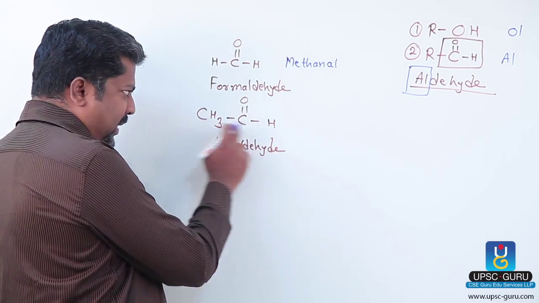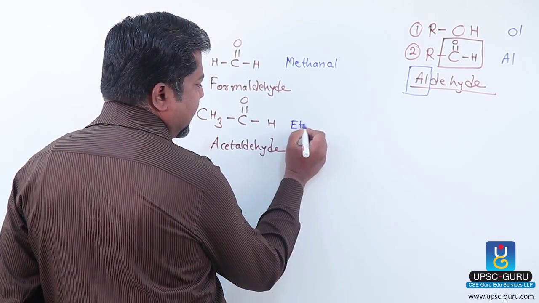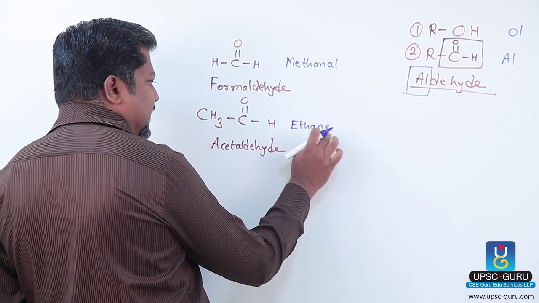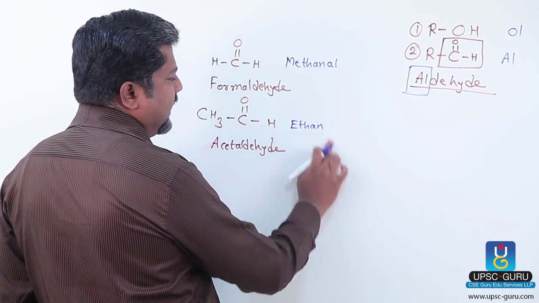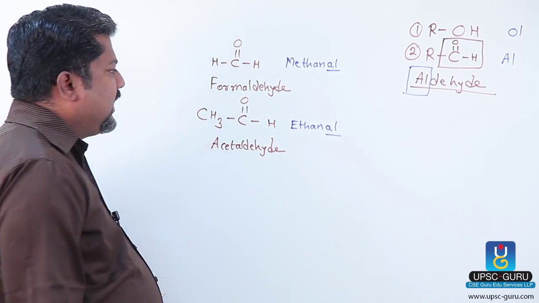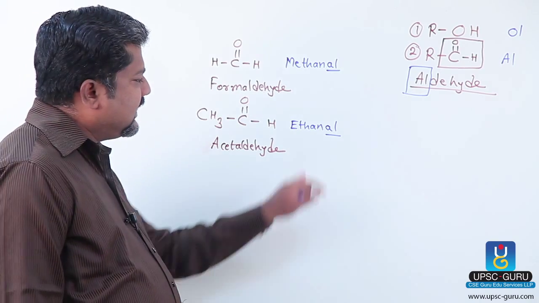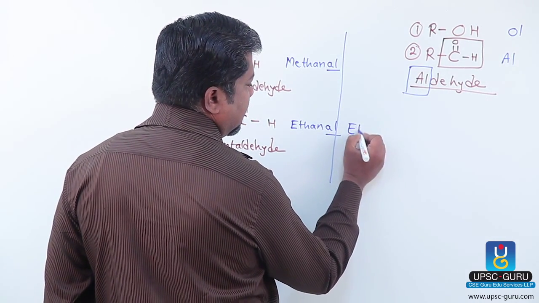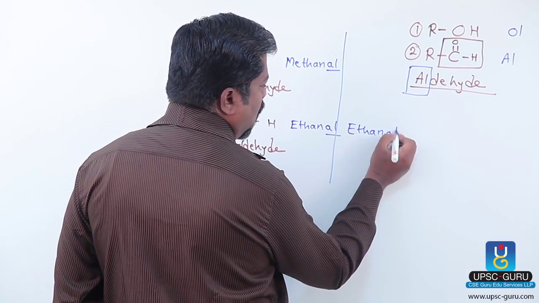Now here two carbons, so we name it ethane. As it is ethane, I have to replace the E, and as it is an aldehyde, I have to place AL. So this type of suffix we are adding. Now you will be able to get the idea: this is ethanal, whereas in case of alcohol it is ethanol.